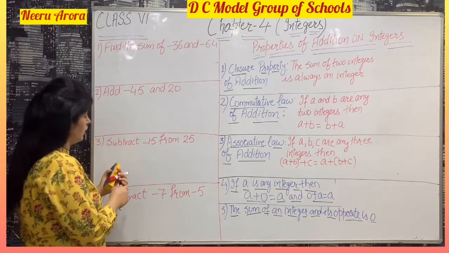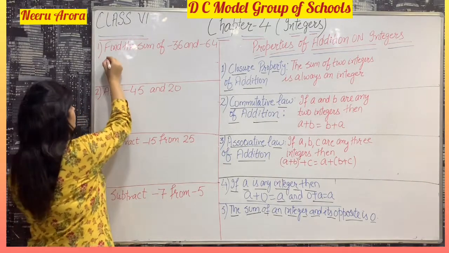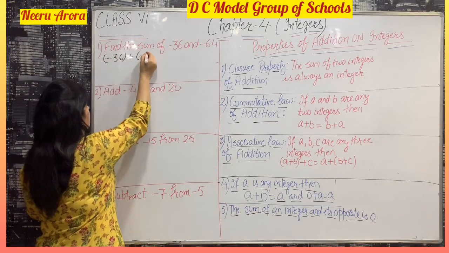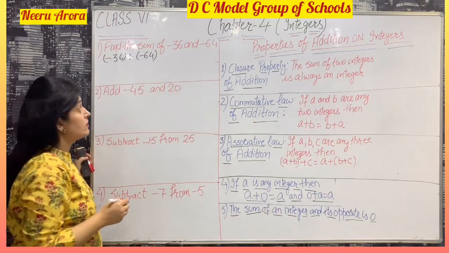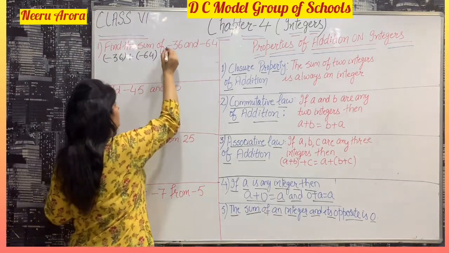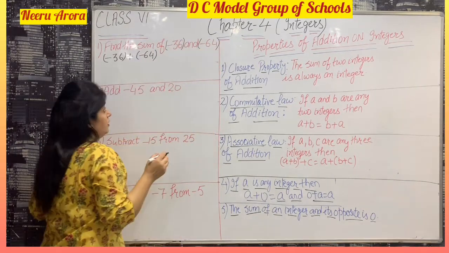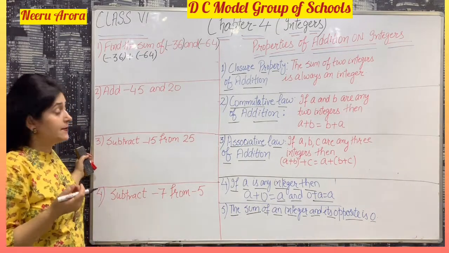Find the sum of minus 36 and minus 64. Whenever there is a negative sign with any number, keep that in bracket. Then there will be less chances of mistake in signs.